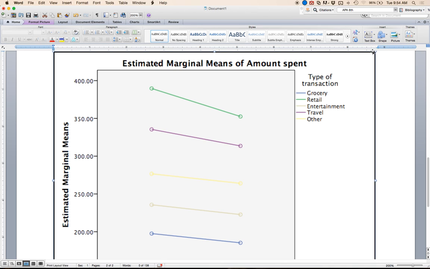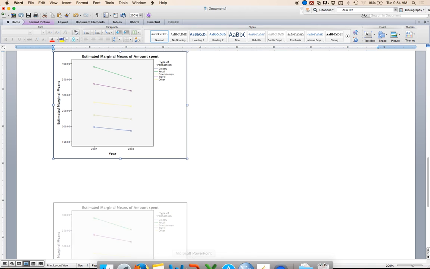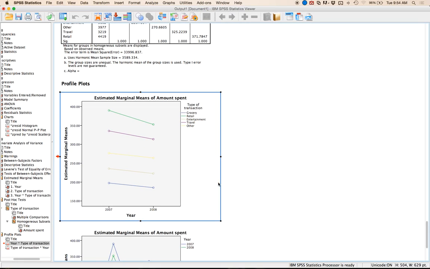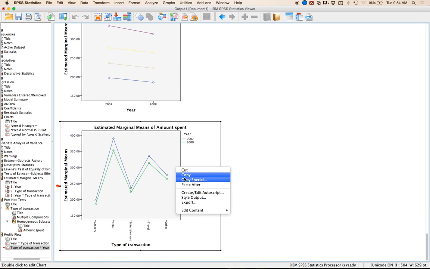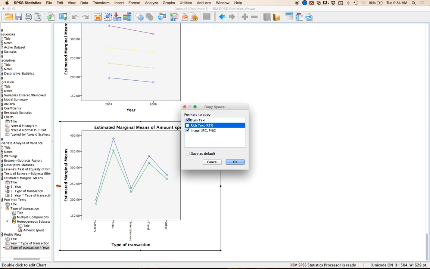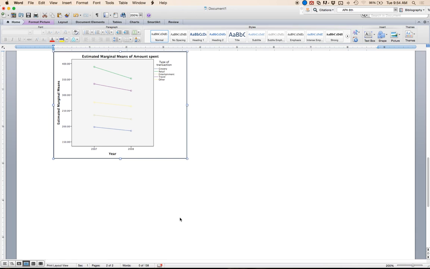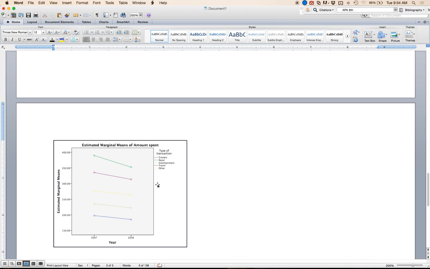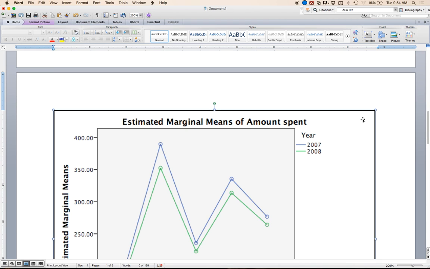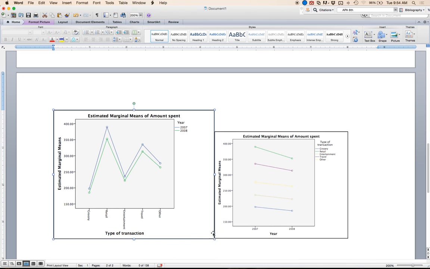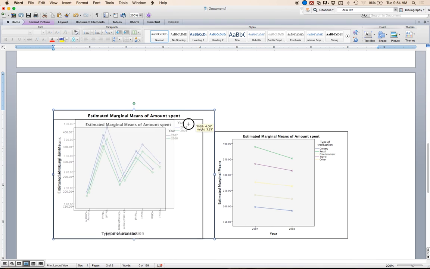Oh, gracious, that's huge. Here we go. And my other option. So these are two different ways to look at the interaction. Let's stick them next to each other here.